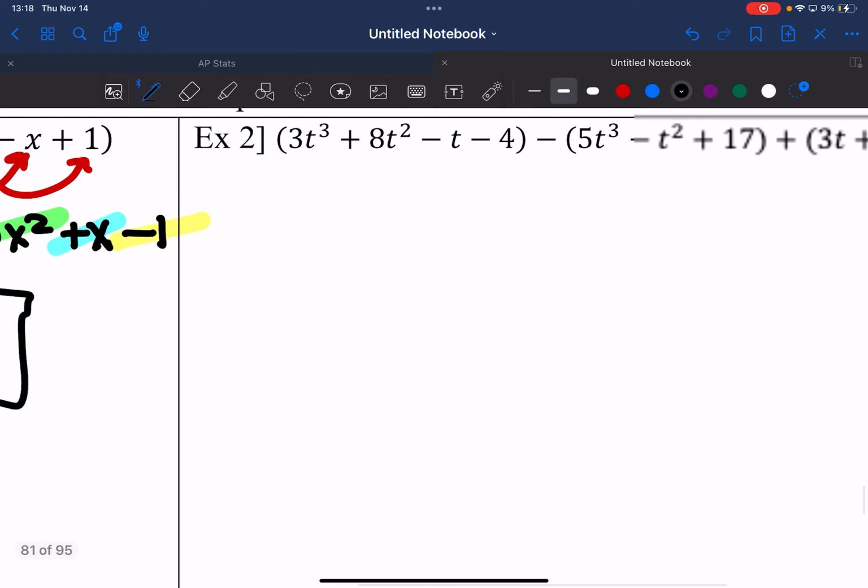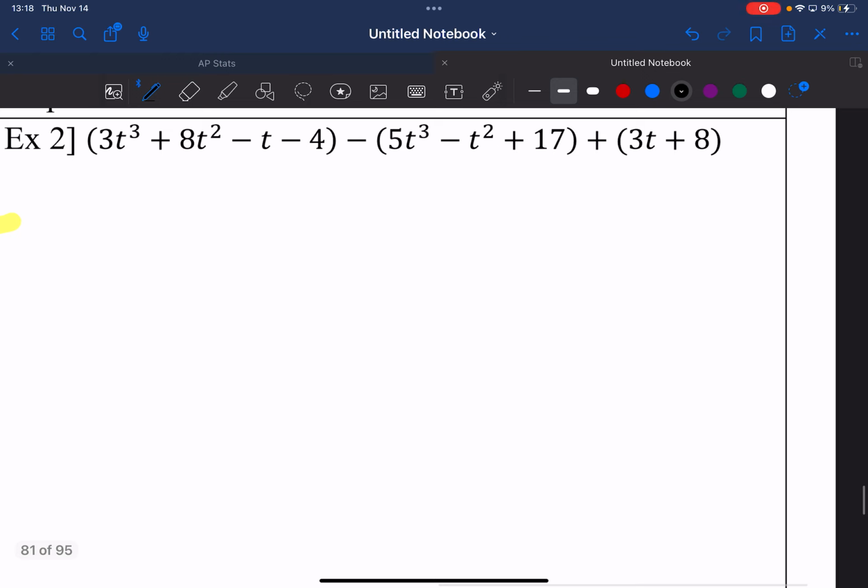Okay. Example 2, we have 3 terms where one is being subtracted and the other is being added. So between the 2 terms that have the addition sign, we don't need to do anything, okay? Only worry about the one with the subtraction sign. So for this one, we're going to distribute it into the parenthesis next to it, and then we're going to rewrite everything without the parentheses.